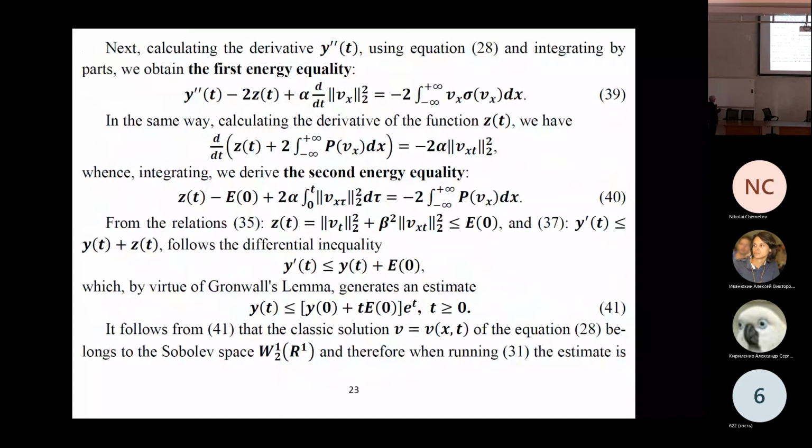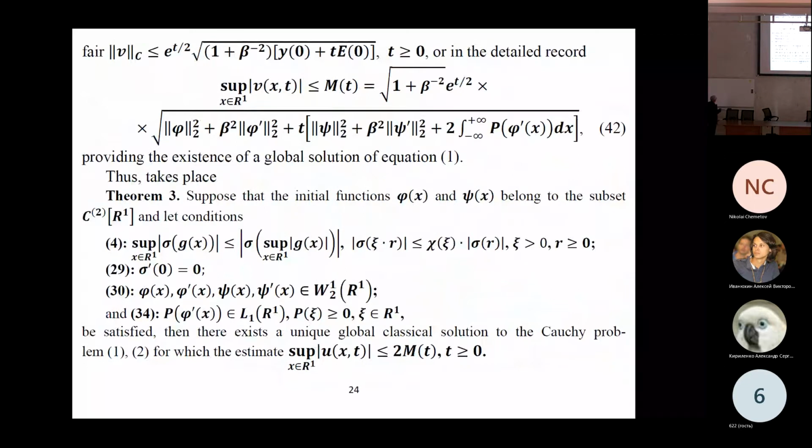Тогда из неравенства 41 следует, что классическое решение принадлежит пространству Соболева для всех значений t больше или равных нуля. Более того, вытекают неравенства — это оценка решения уравнения 28 в пространстве непрерывных функций. И эти оценки гарантируют существование глобального решения уравнения 1.